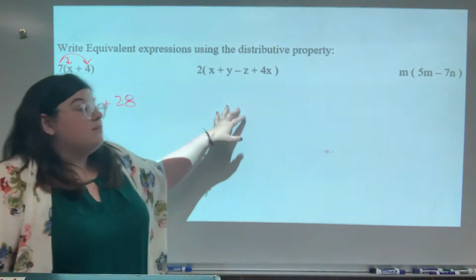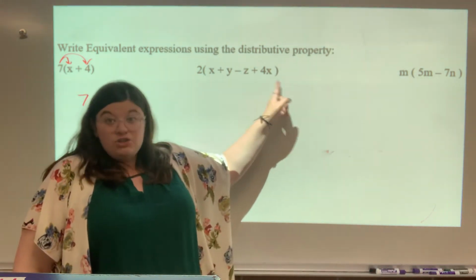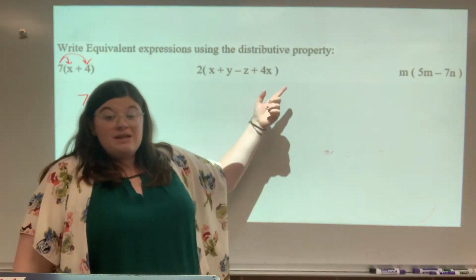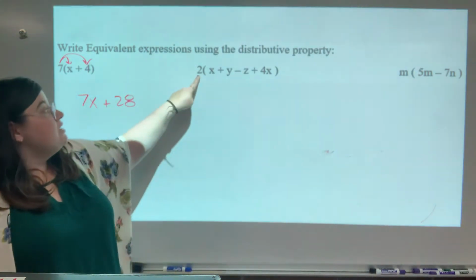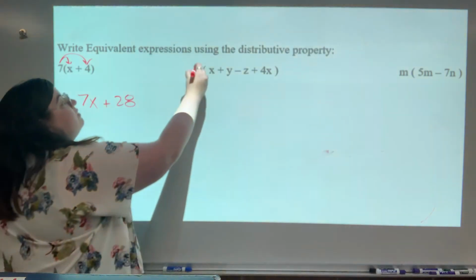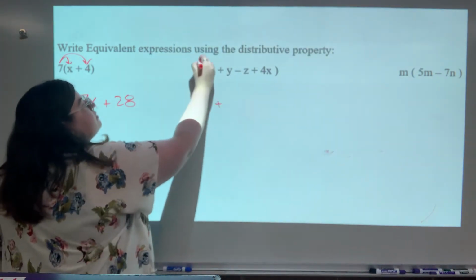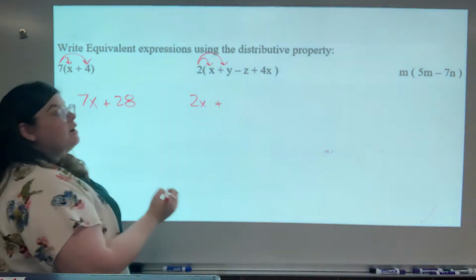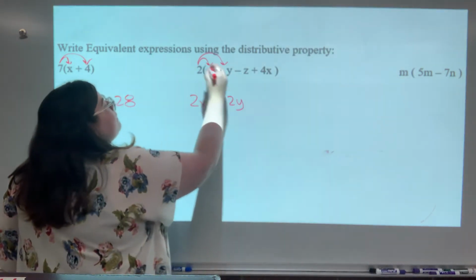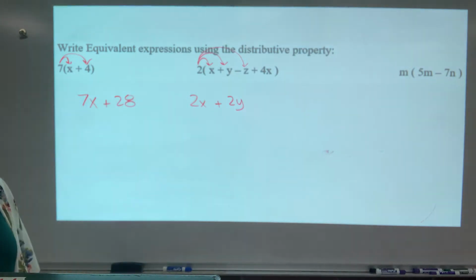This guy over here, I have 2 on the outside and I have a lot of terms on the inside. Just because it's more than 2 doesn't mean I can't do anything. I can still take that 2, multiply it to everything on the inside. So 2 times x, 2x, plus 2 times y, 2y. 2 times a negative z.